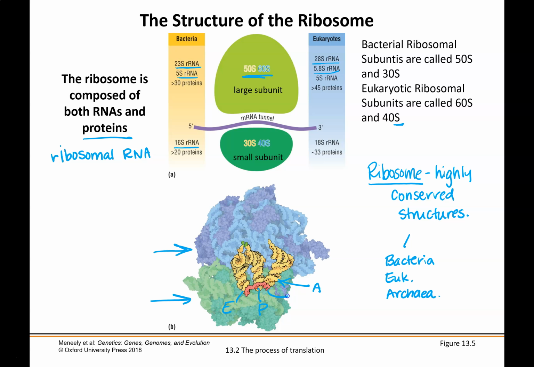There you can see those anticodons. These are actually the tRNA in those A, P, and E sites. And then here we have the anticodon at the bottom of those transfer RNA molecules.